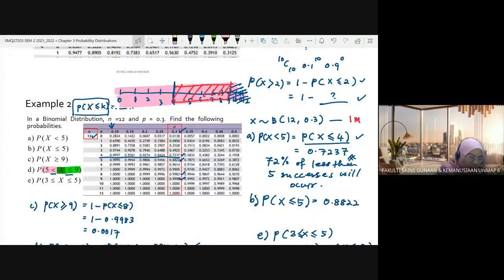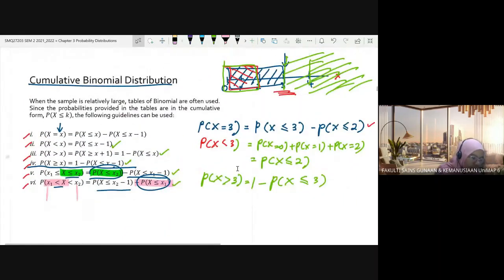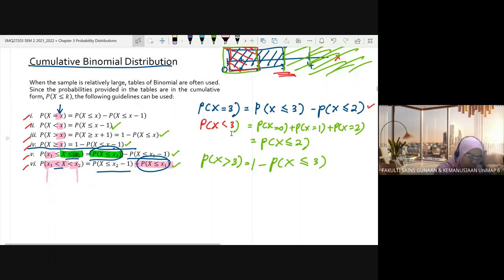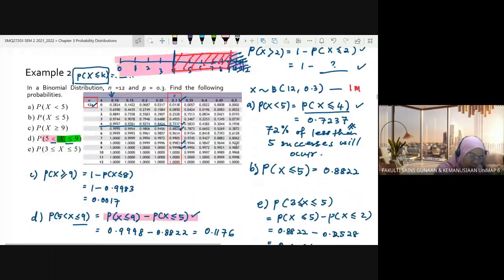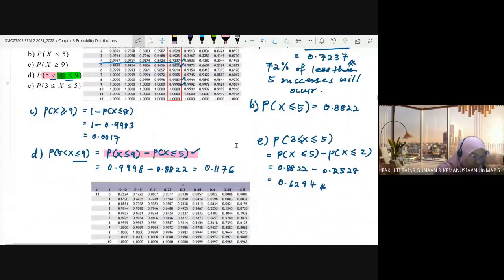Later after the class, please go through them one by one. Put some values in your rules here so that you can see how each rule is applied. I do agree with your friend's comment just now for this particular part.